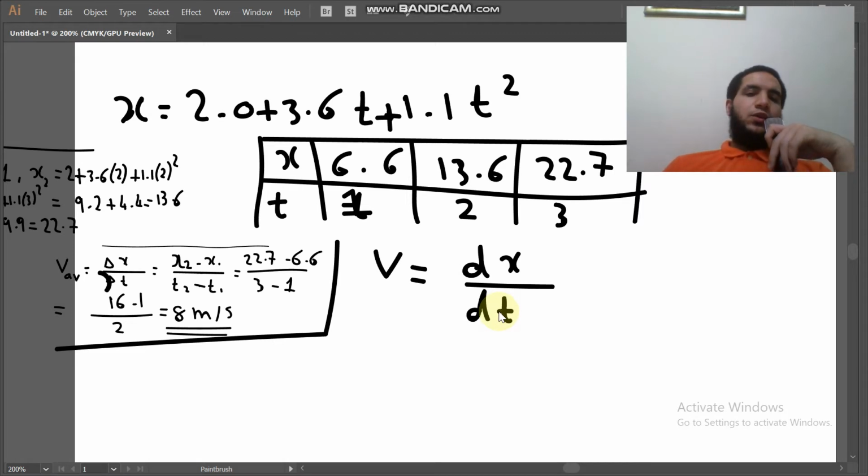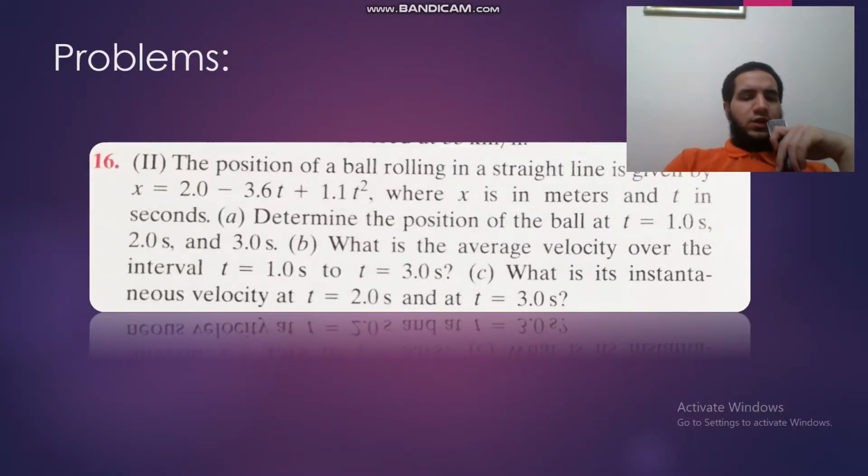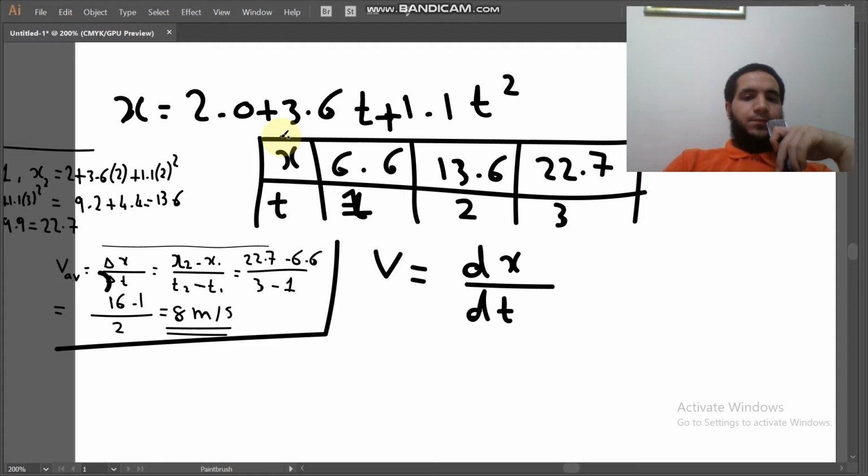So first of all, we will get the derivative of x of this equation. We will differentiate it, and then we will substitute t one time with 2 and one time with 3. So let's differentiate.